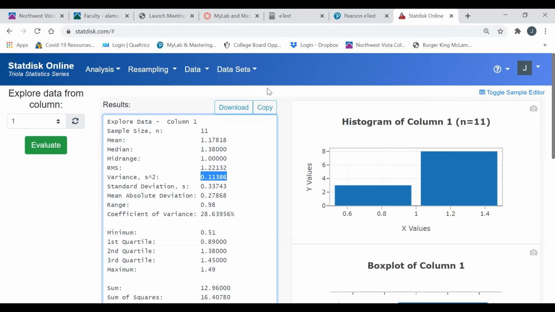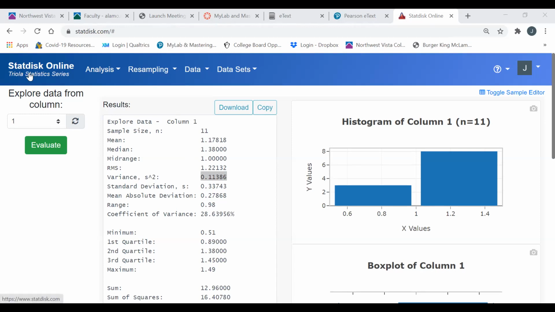Right. And now let's go back and look at my mode. What was the number that appeared the most? Oh yeah, it's 1.45, I think. Let me see. Let's go back to my data.